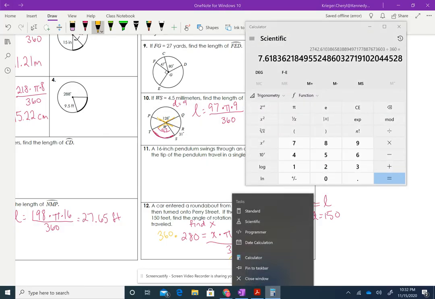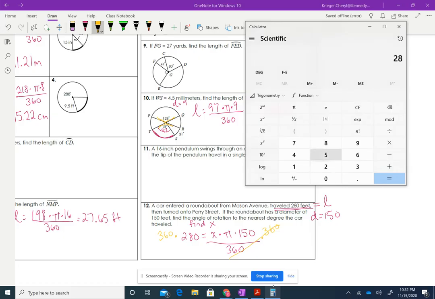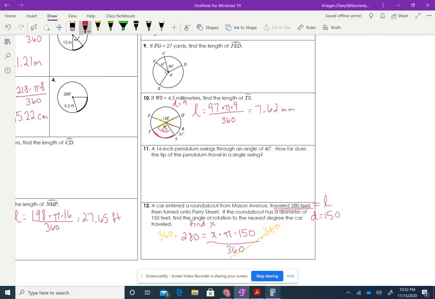So I have 280 times 360, which is 100,800. Equals X times my circumference, which is pi times 150.